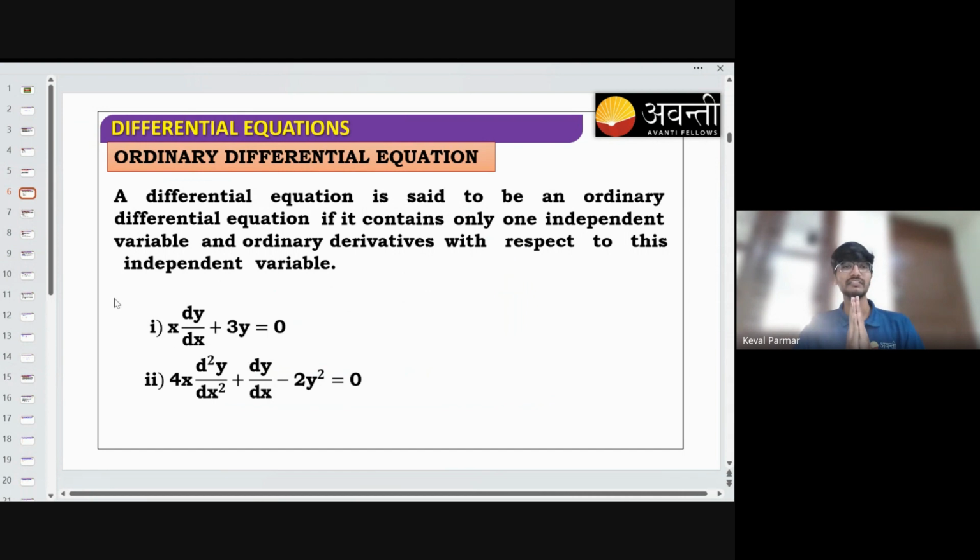It will contain an independent variable, a dependent variable, and a differential coefficient. For us, we have standardized the independent variable as x, the dependent variable as y, and the differential coefficient dy by dx. As you can see in more examples here, x dy by dx plus 3y equals 0 is a differential equation. The second one is also a differential equation.